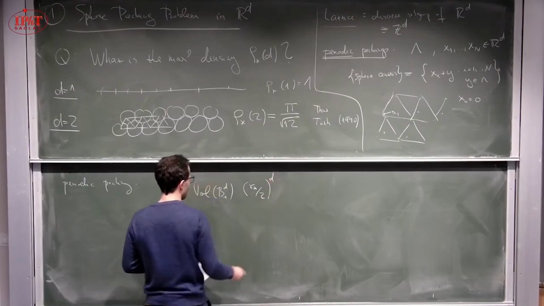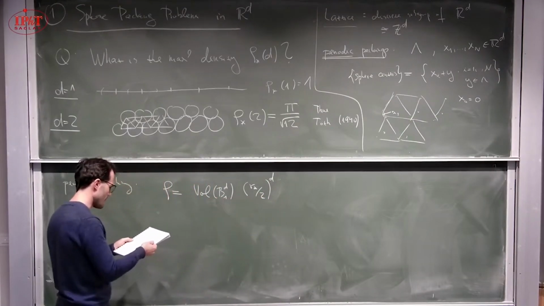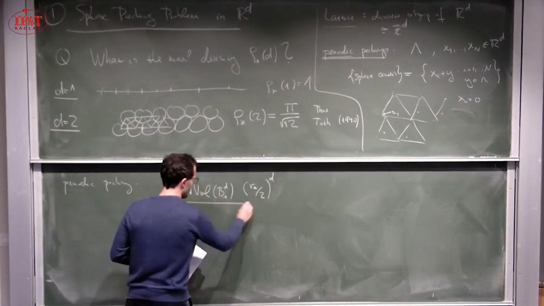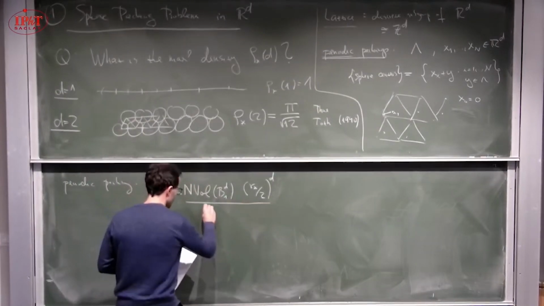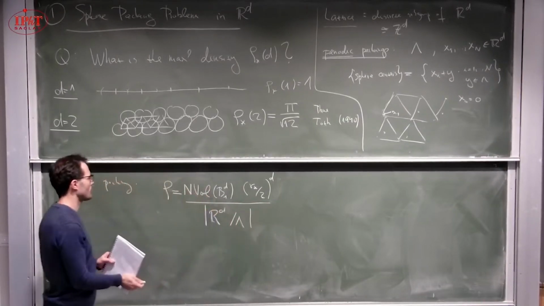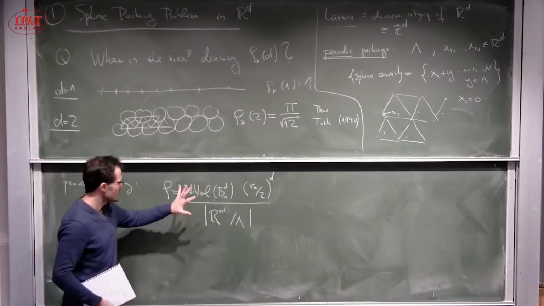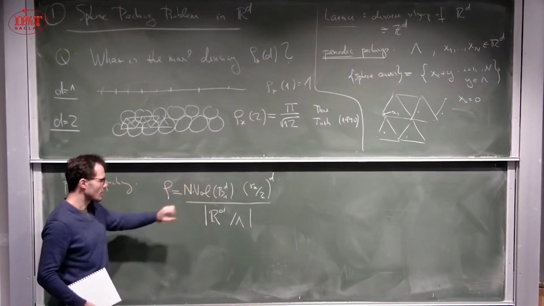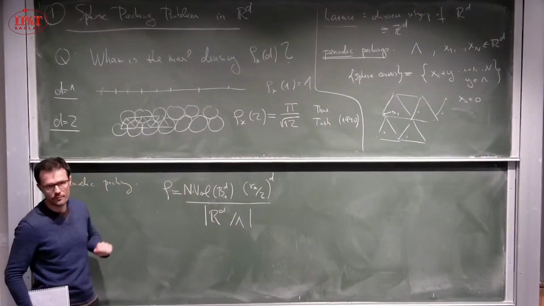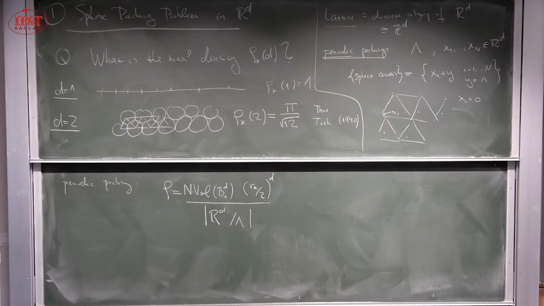This is the volume of the ball forming the sphere packing, times n because there are n of them per unit cell, divided by the volume of the unit cell, which I'm going to denote. It's a simple formula, but it's good to write it down because I'm going to refer to it later on. So this is the density of a periodic packing of periodicity lambda with n orbits under lambda, where r star is the shortest distance between points in that periodic configuration.